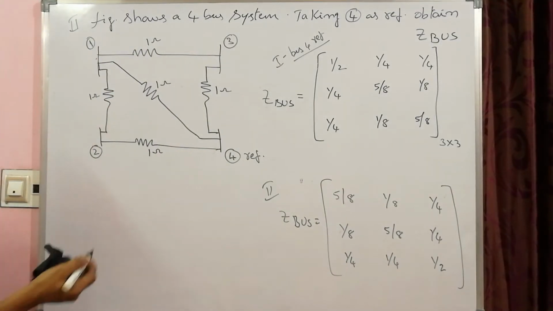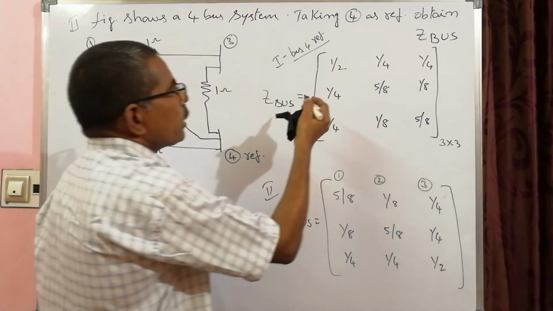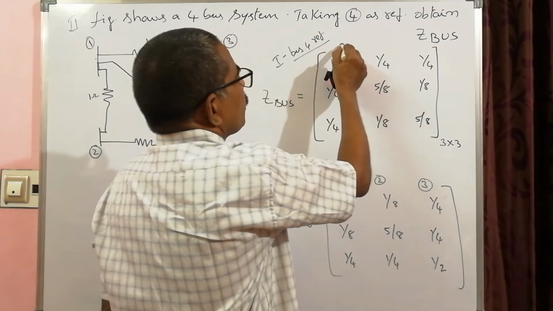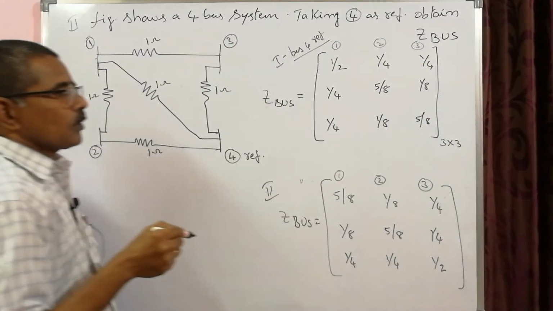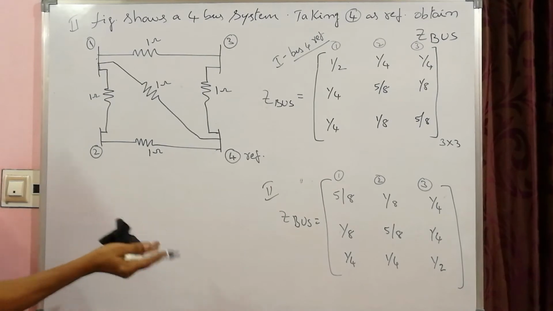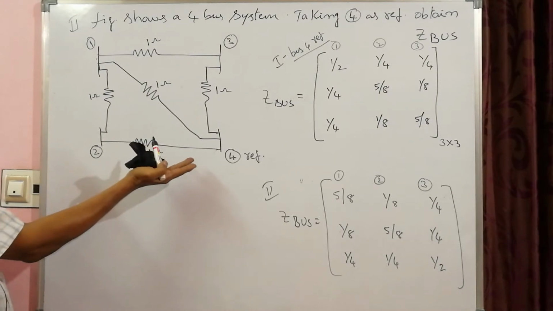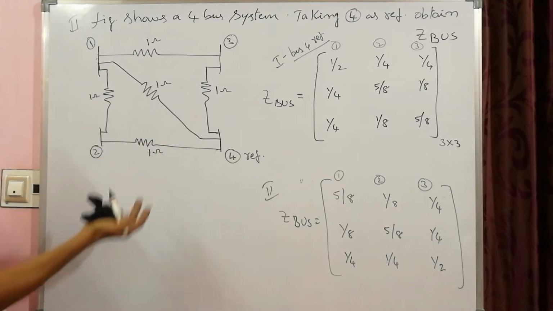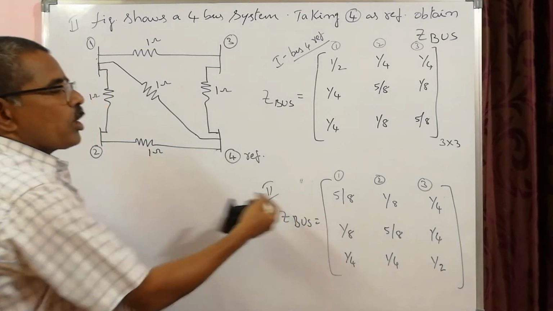Okay. So now 1, 2, 3, these are the buses. Earlier case, fourth is reference, 1, 2, 3. Okay. Same 3 by 3, but it is like twisting the network. So earlier this is 4, this is 1. It is just twisted. Okay. So you can ensure you are going to get Z bus.